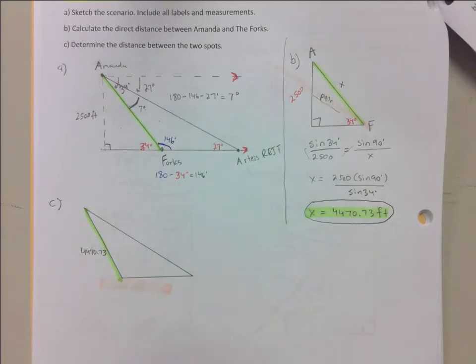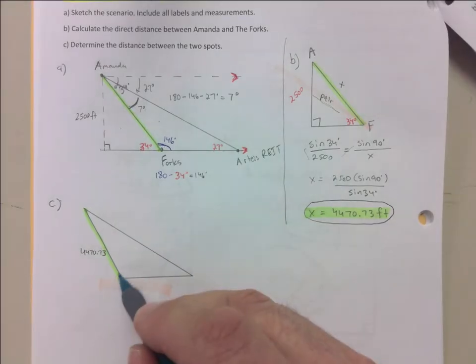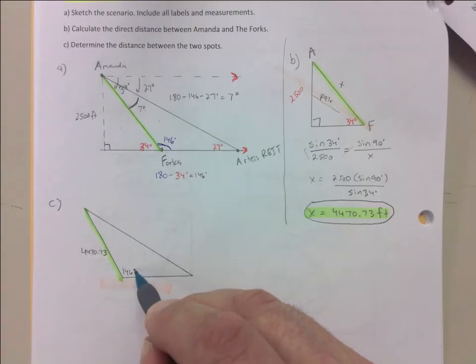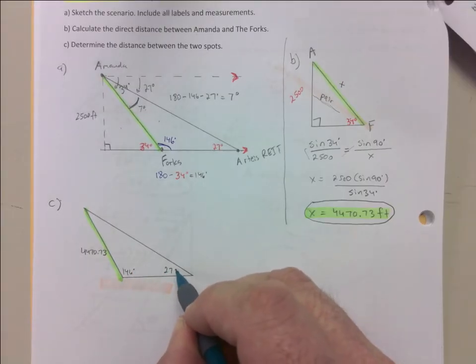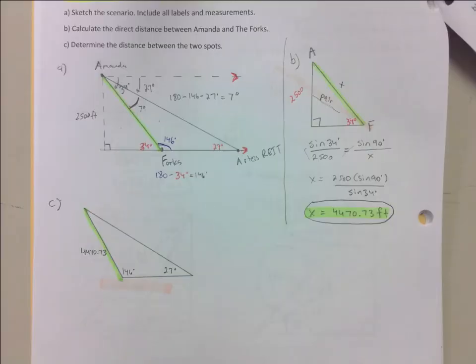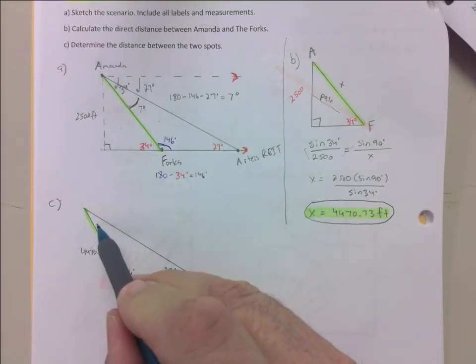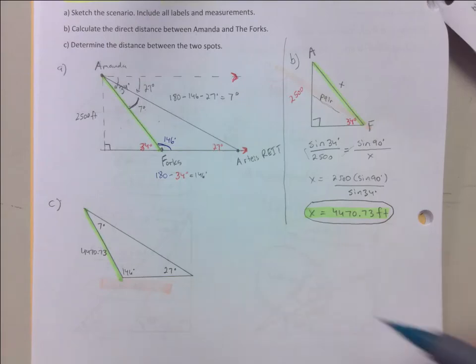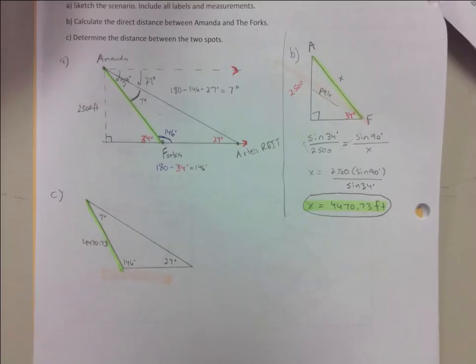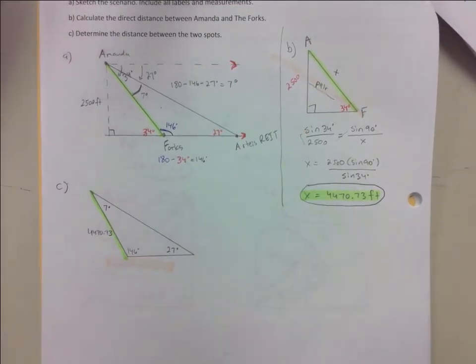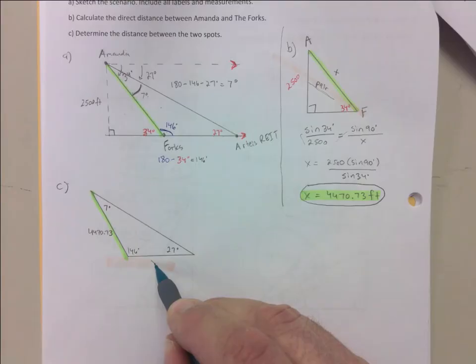See, trying to be cool here. 146, 27, and this is 7 up here. I figured all of that out already. And let's call that the side that we are wanting to solve for.